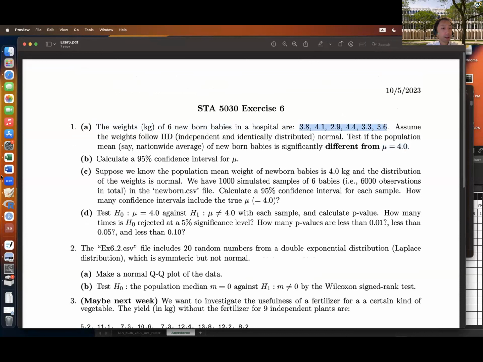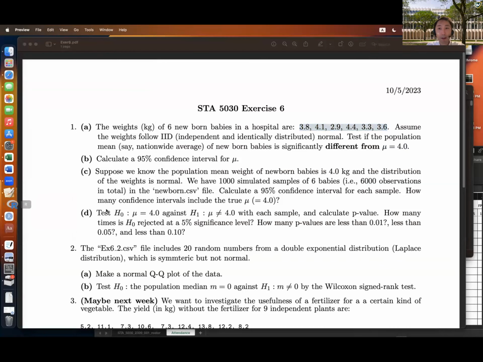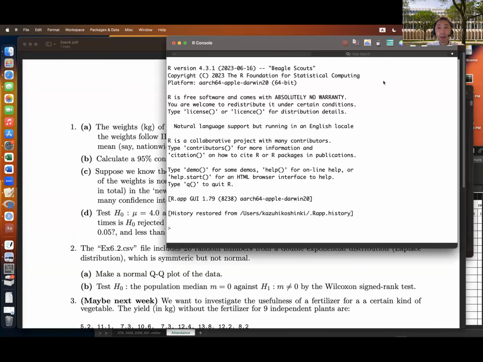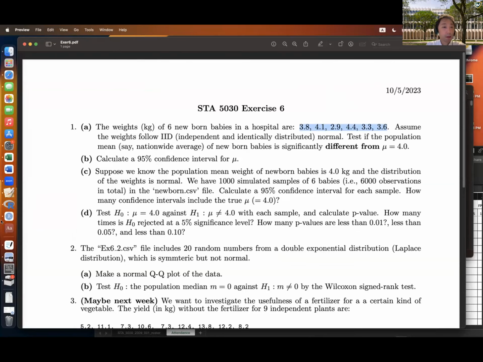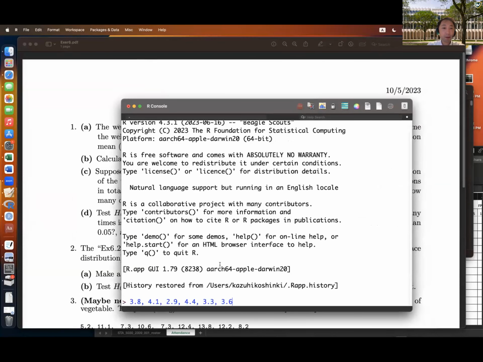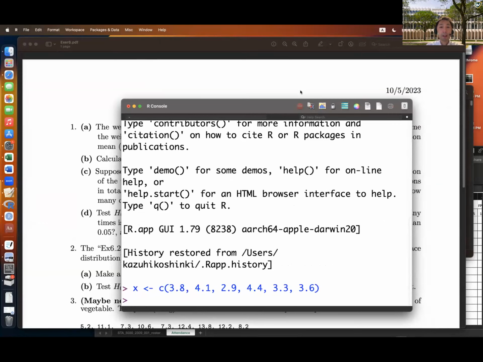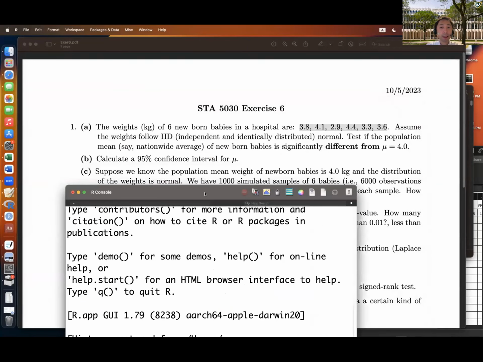So at first we consider these 6 observations. We define these 6 numbers as a vector, let's say x. Now we define x, and we want to test this.